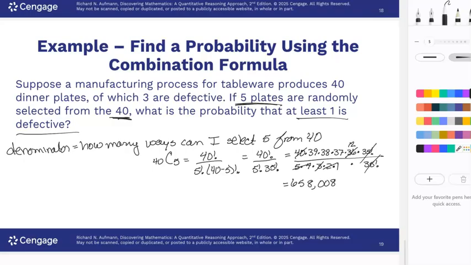So we need to figure out the number of ways that we have no defective plates. So we're producing 40. 3 are defective. So we know that there's 37 that's not defective.